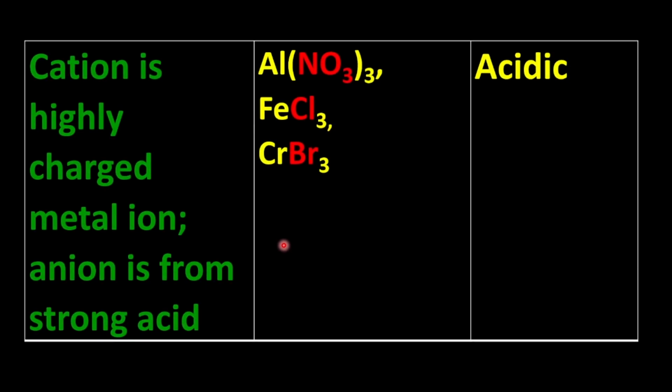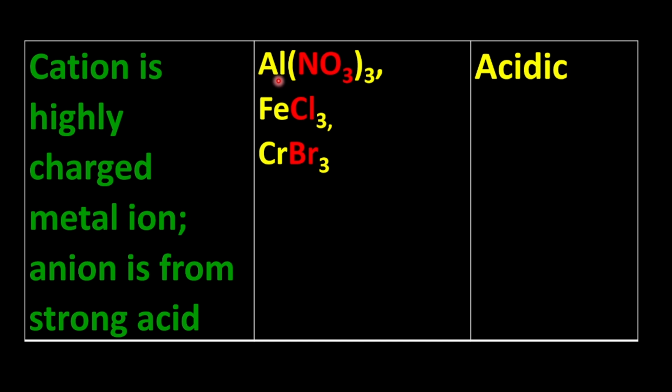Alright, there's a point here. The cation is a highly charged metal ion and the anion is from a strong acid. So when you have aluminum nitrate, iron(III) chloride, CrBr3, that is chromium bromide, how do we go about this? It is the same principle that you are going to apply.